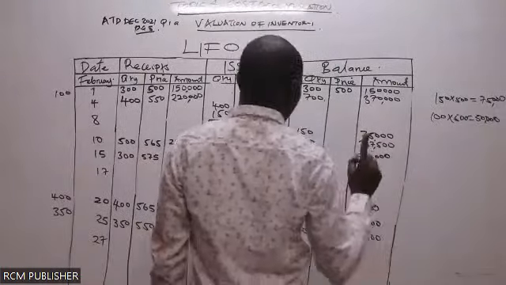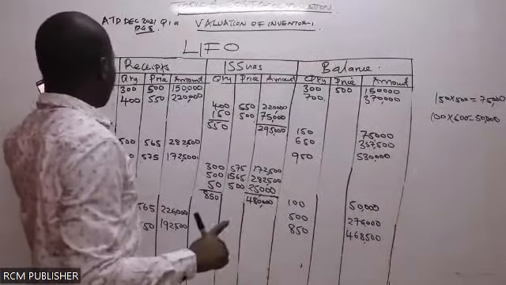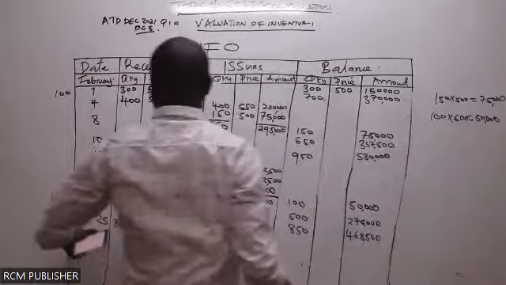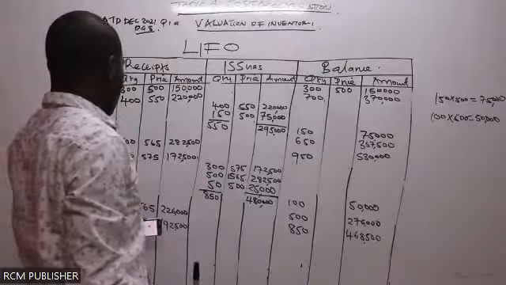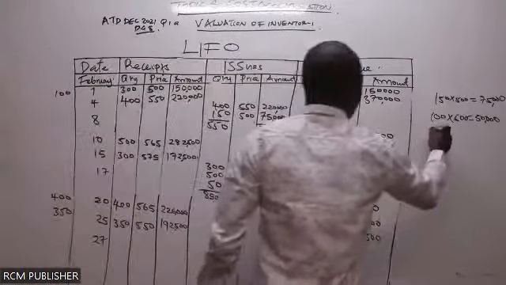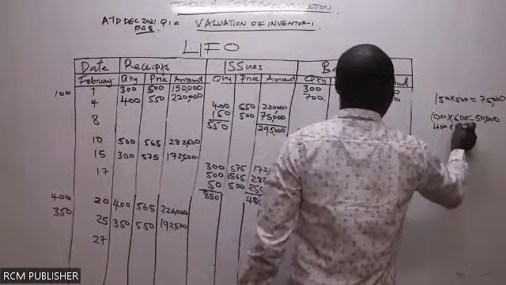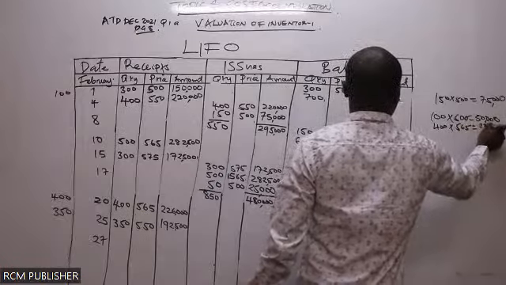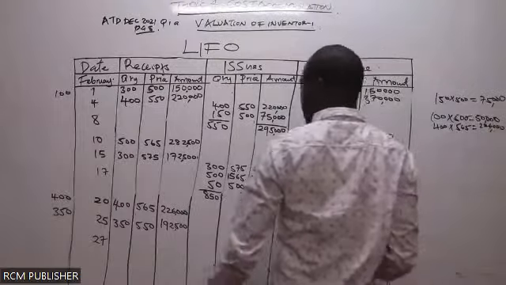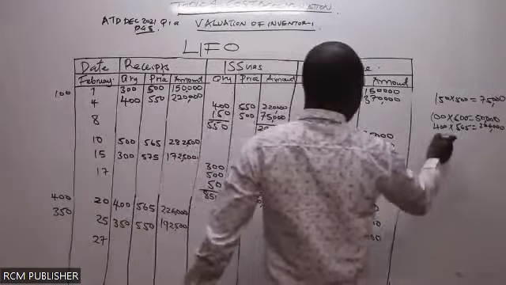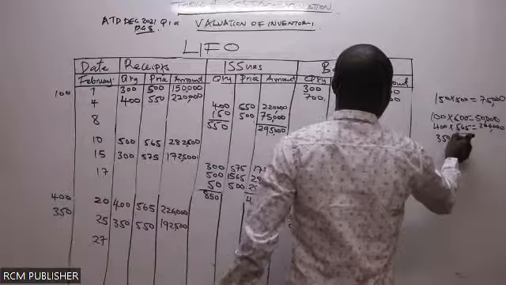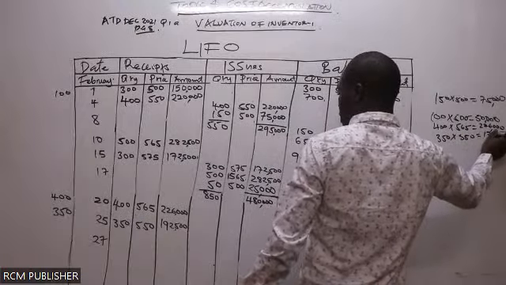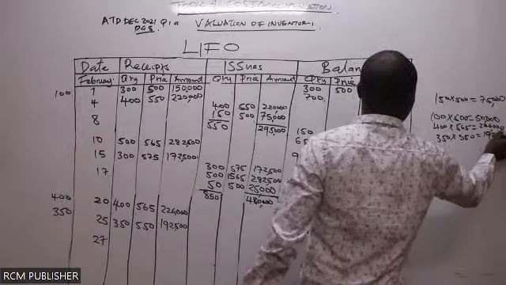Now, in terms of price, I have 100 by 500 to give me 50,000. Then I have 400 by 565 to give me 226,000. Then I have this 350 that was brought in at 550 is equal to 192,500.